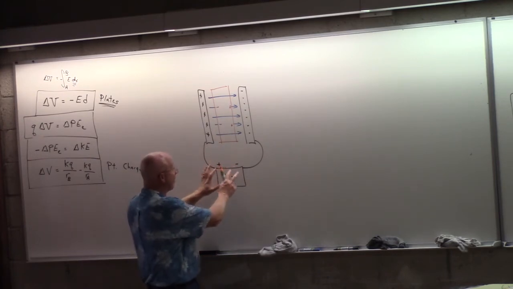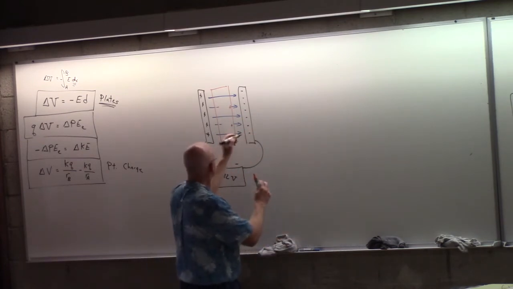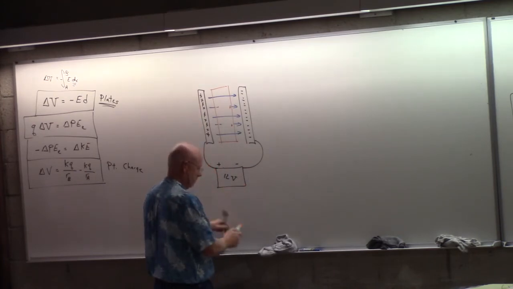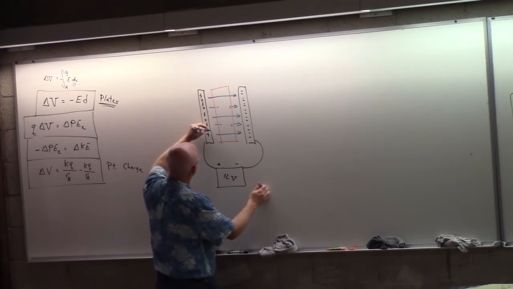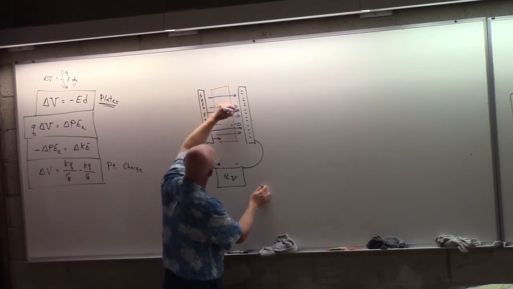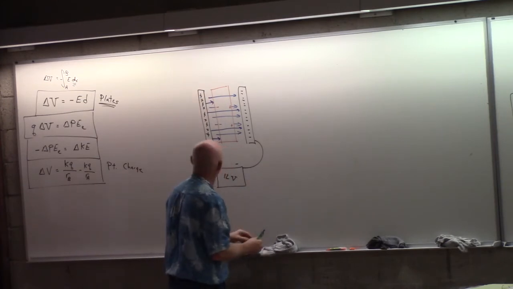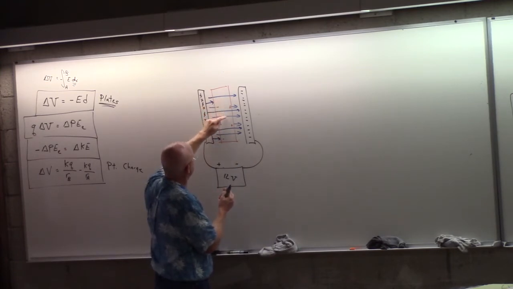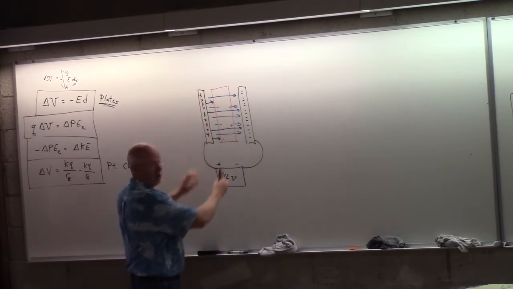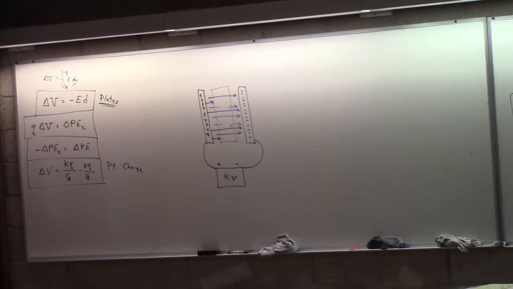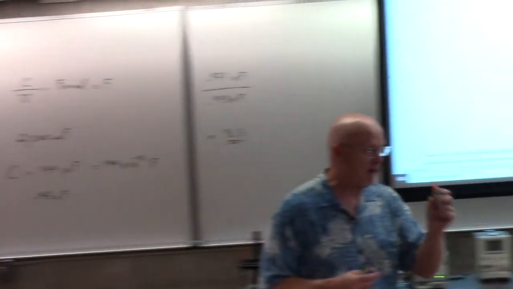So what's going to happen is the battery is going to send out more charges and suck in more charges, which then generates more field lines. And so eventually, through the material, we still end up getting our 5 lines that I originally had. And so it puts more on the plate. I think that was your question. And I would say it draws more out because we are connected to a fixed voltage supply.